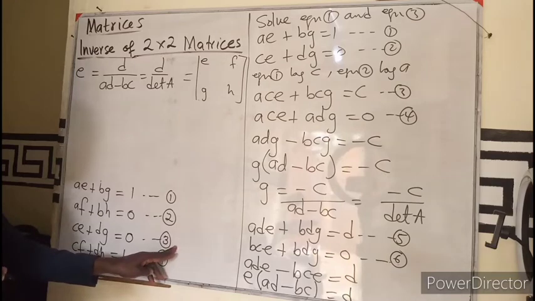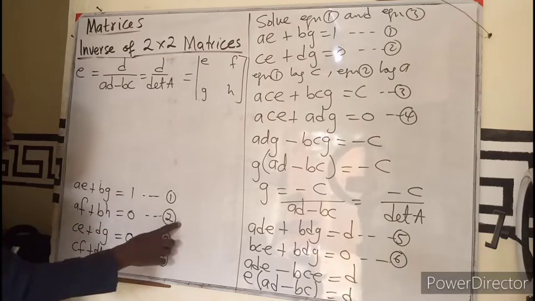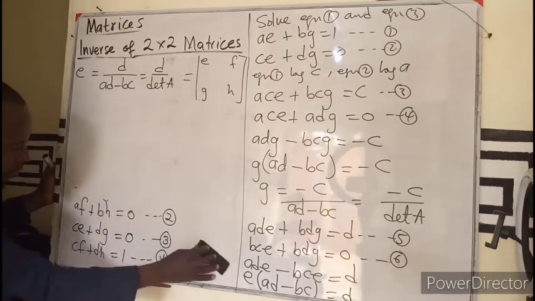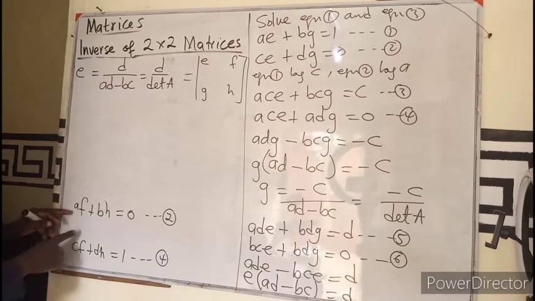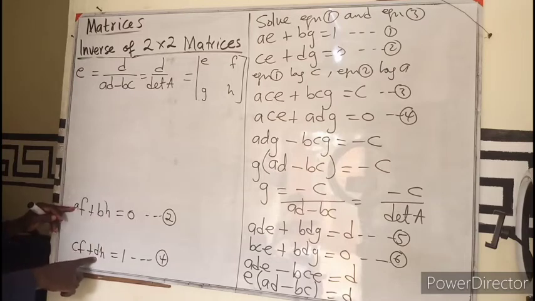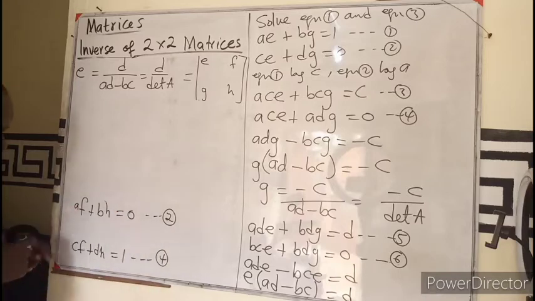So now we are going to take equation 2 and 4. So solving equation 2 and 4, I can also see that F and H are the variables. So we are going to use the A, B, C, D as what? As constants. So if I want to eliminate F, it means I'll alternate.